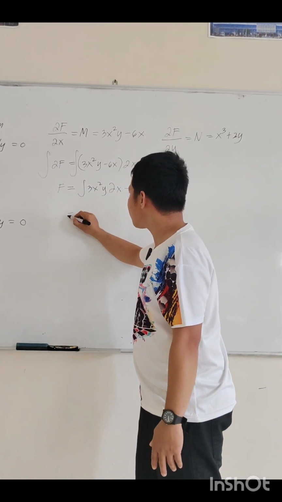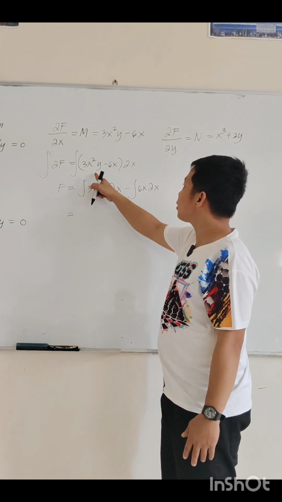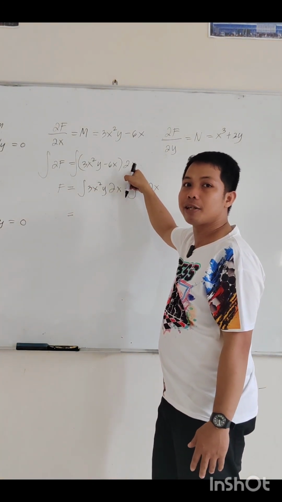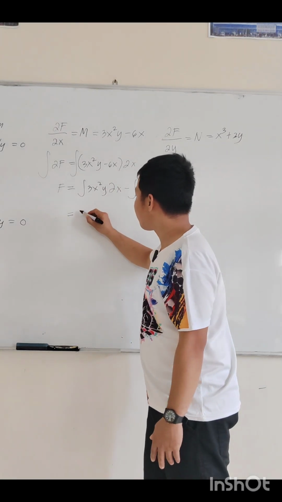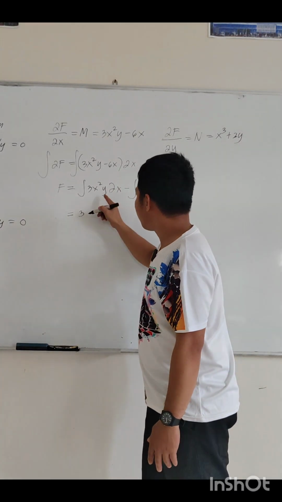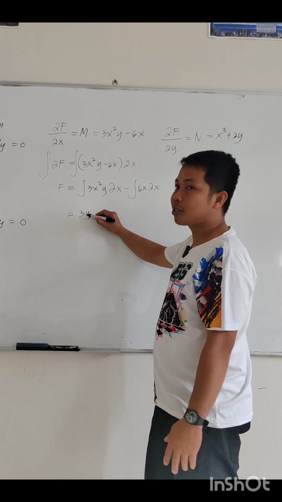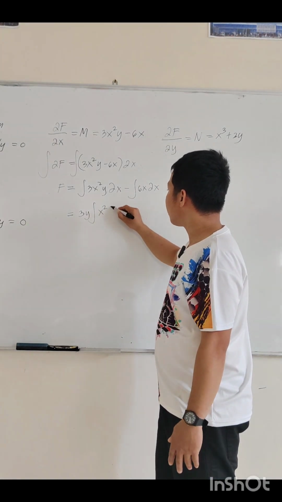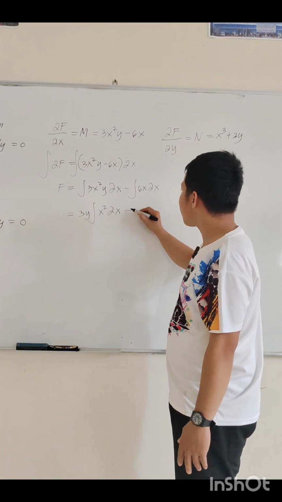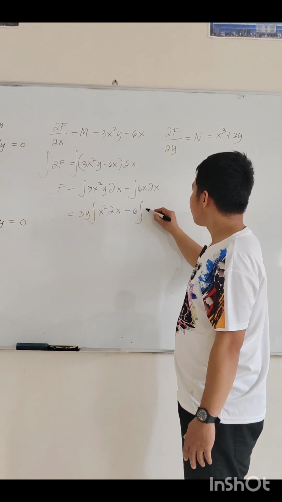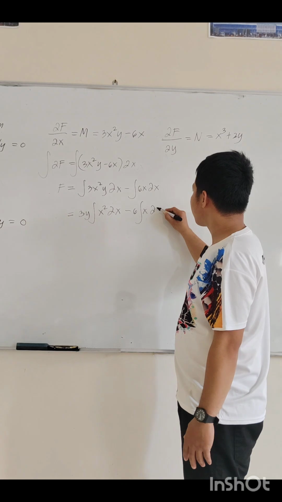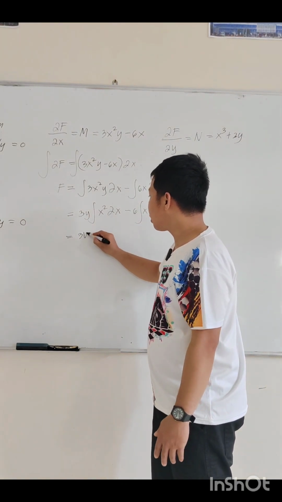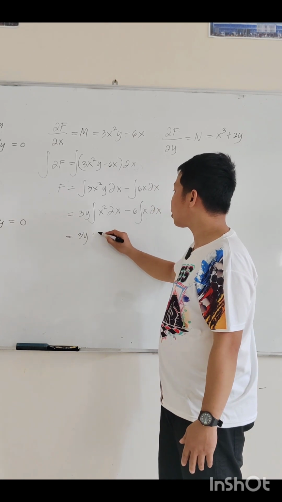So we have, this is equal to what? We are integrating with respect to x. This means that yung y natin is treated as constant. Kaya, ilabas natin yung mga constant. So, the answer is 3y times, what is the integral of x squared?